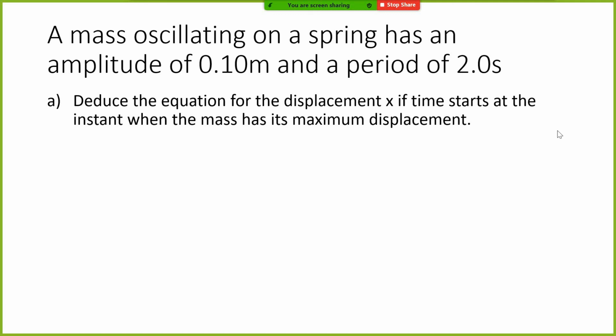It says deduce the equation for the displacement x if time starts at the instant when the mass has its maximum amplitude or maximum displacement. So we want to deduce an equation for this.